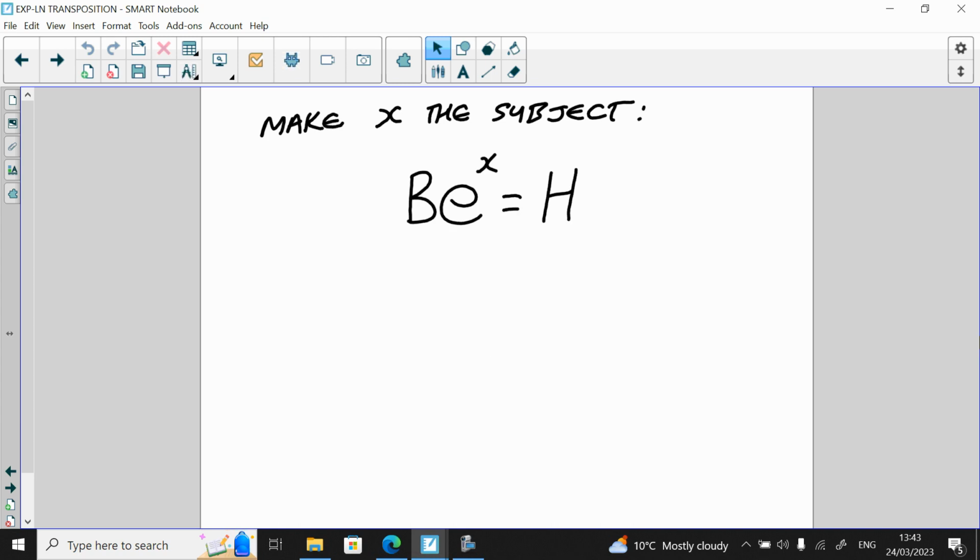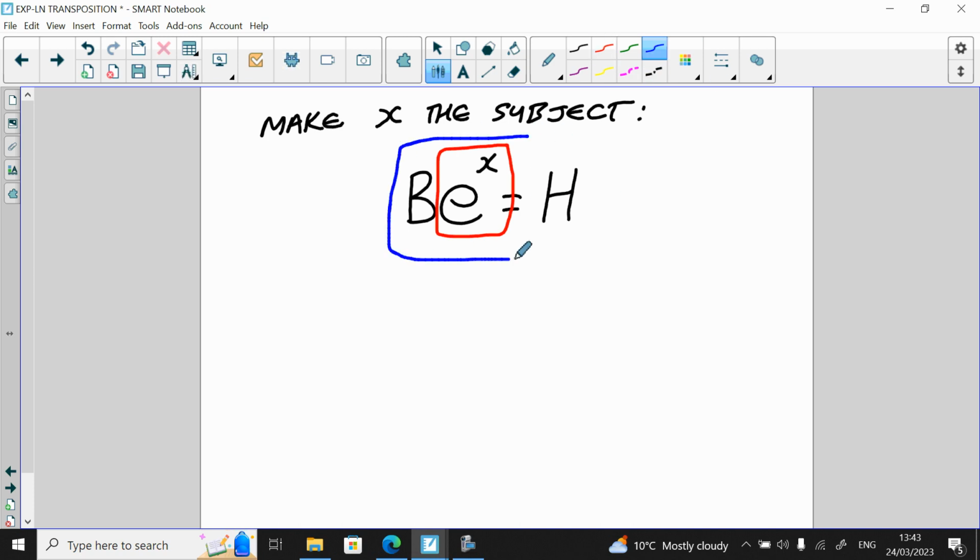Right, here, if it was just e to the x equals h, that'd be fine. But it's not. We get something in front of it. We'll get b. So the b part has to go first, okay? Because we can't eliminate e until we get rid of b.